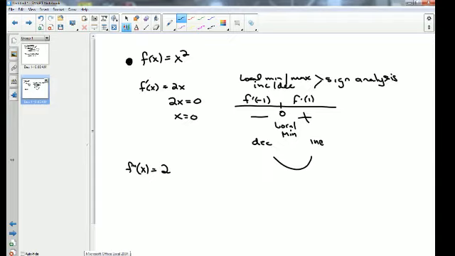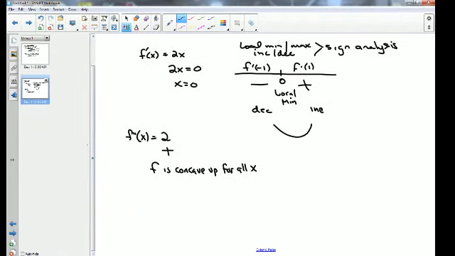All right. Can this equal 0? No. It's always positive, right? So F is concave up for all x values, right? Does that make sense with what we know of x squared? So we're going to sketch F.